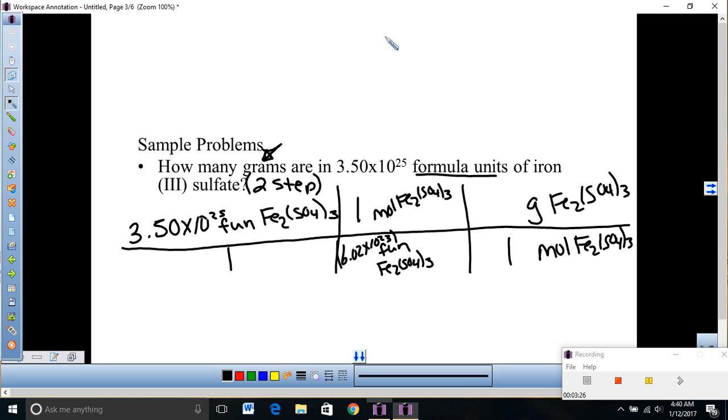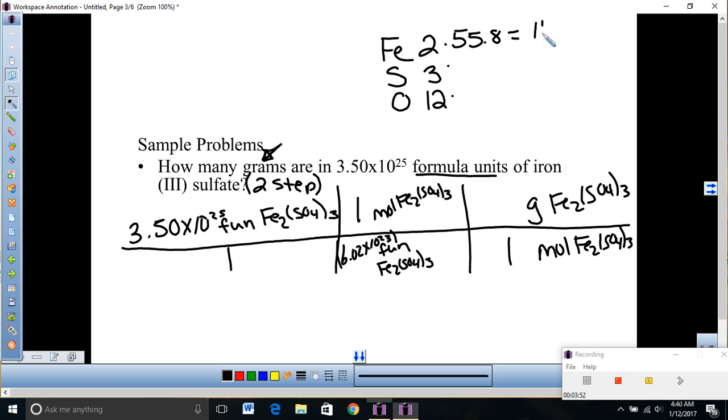So we're going to come up here and we're going to list our elements. We have iron, we have sulfur, we have oxygen. There are 2 iron, and we'll multiply. There are 3 sulfurs, and there are 12 oxygens. We go to the periodic table. You get 55 point, most of the periodic tables say 8, some round to 9, depending on your periodic table.